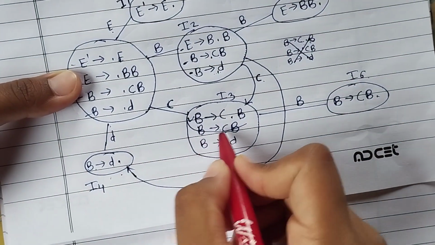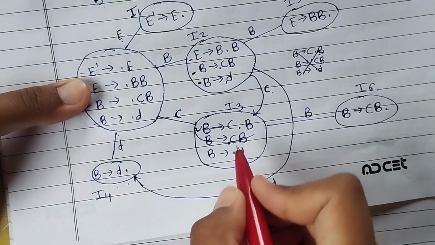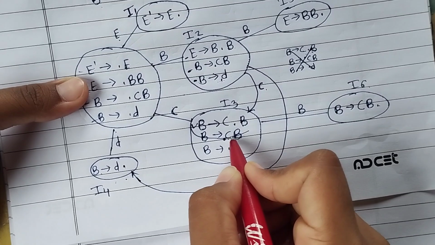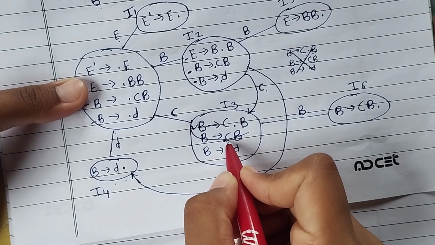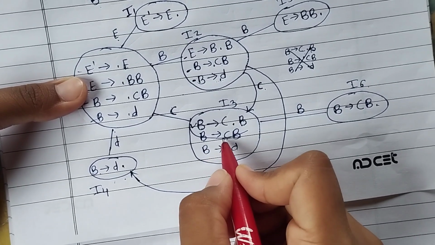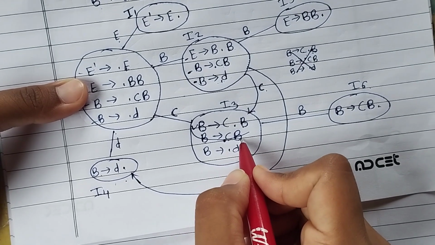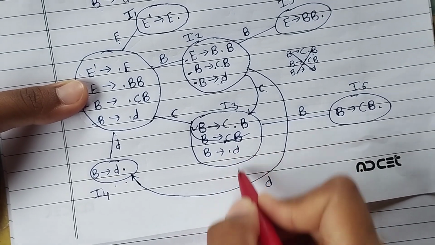Now this B → .CB. Again the same, if we change this dot with respect to the opening bracket, then how does the condition work? B → C.B, the opening bracket then dot B, then all the grammar of B we write below.